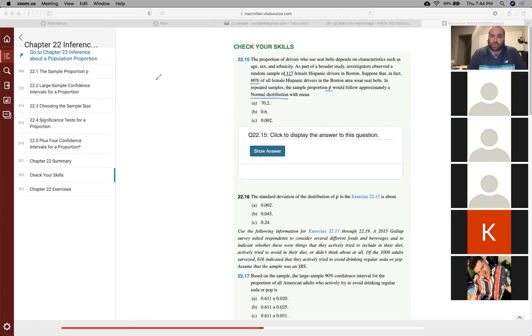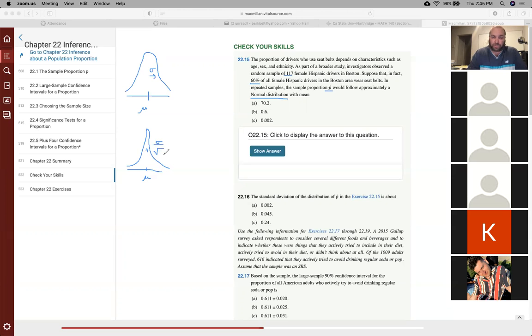So remember what we did before. When we had a distribution and we said that the center had some mean and there was some deviation sigma, and then we went to a sample proportion, we said that the mean stayed the same, but now it became sigma over the square root of n.